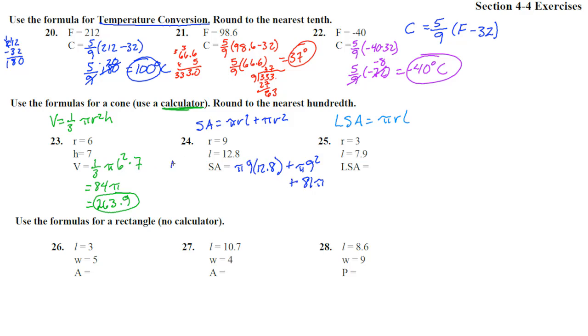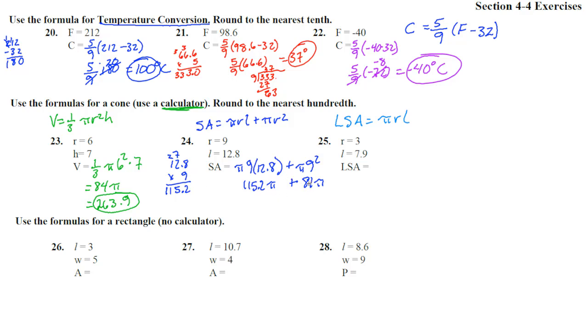We could do that one by hand. 12.8 times 9. 9 times 8 is 72. Carry the 7. 9 times 2 is 18, plus 7 is 25. Carry the 2. 9 times 1 is 9, plus 2 is 11. And 1 decimal place. That's 115.2 times pi.